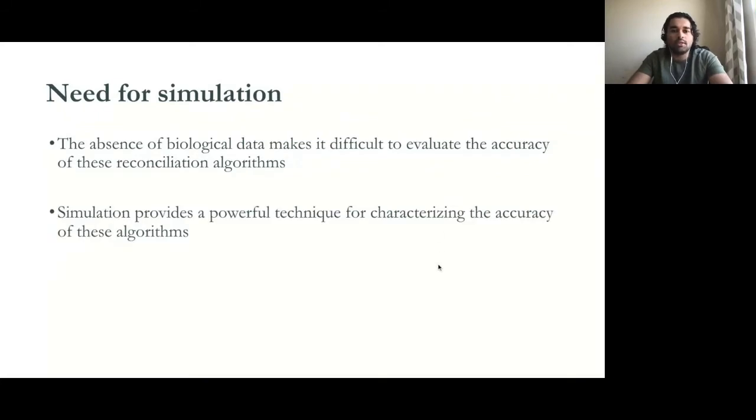So simulation in that context provides us with a powerful technique to give us some semblance of what could possibly be a set of evolutionary events that leads to a specific set of species, gene, and domain trees. If you then run the algorithm on those trees, you can check whether or not it matches the actual events that were created by the simulation framework to produce those trees.